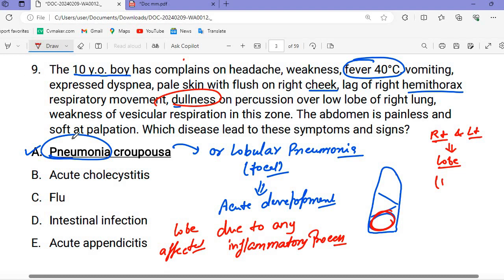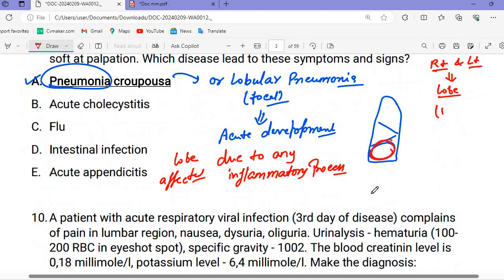So we will have dullness. The dullness means that we have dense tissue, so the lungs will be dense and we will hear a dull sound. The other sound we can hear is the tympanic or resonant sound.